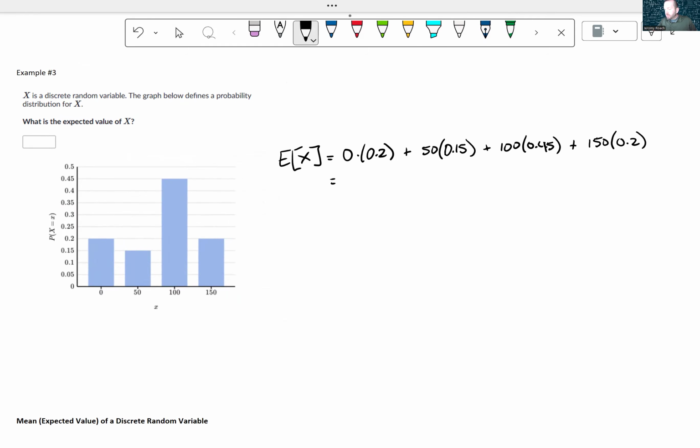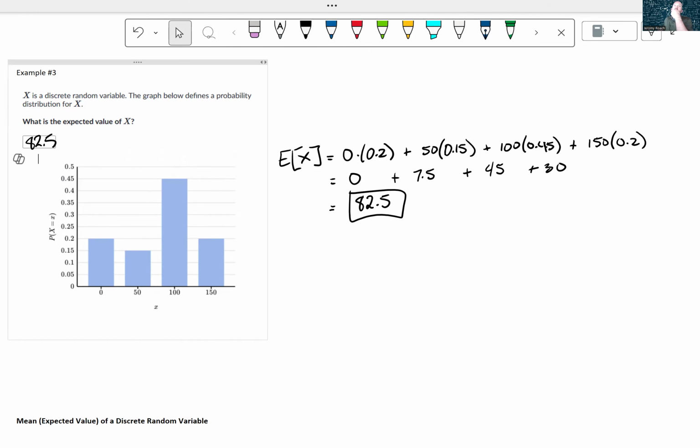Okay, so 0 times 0.2 is just 0, plus 50 times 0.15 is 7.5. 100 times 0.45 is 45. And 150 times 0.2 is equal to 30. Then we just add all those together, and we would expect X to be 82.5. So that's our final answer for that one.